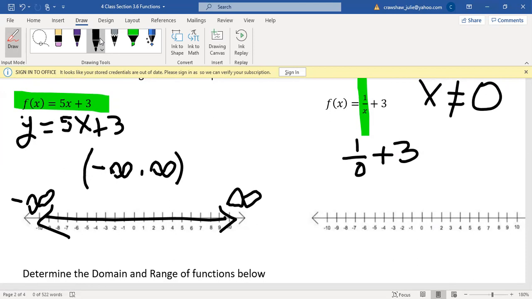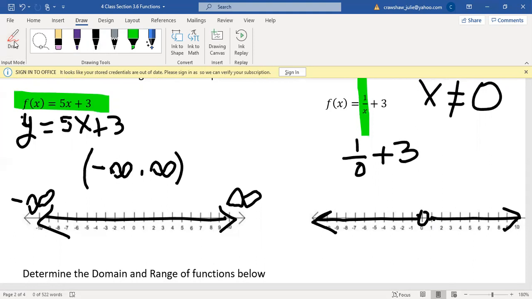Everything works in this equation. Now over here, everything worked except 0. So if I wanted to write that on a number line, I'm going to have an open circle at 0 because everything is acceptable except 0.